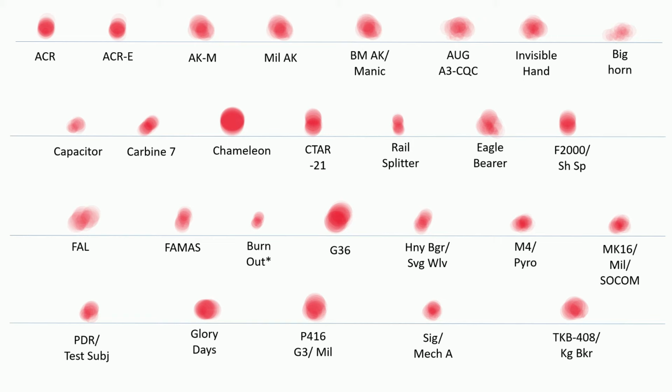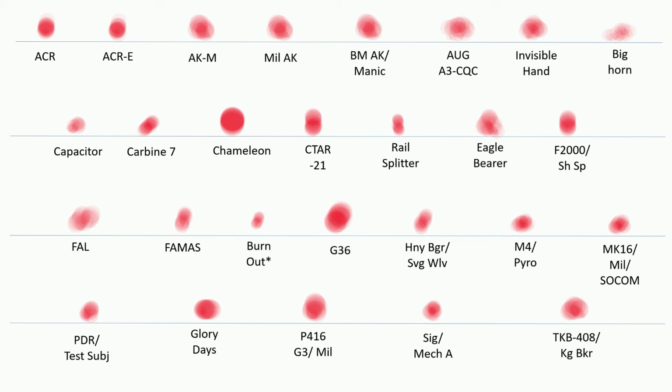The ACR and the ACRE are different, the ACRE just being better on both counts. The Honey Badger and the Savage Wolverine were basically the same. The M4 and the Pyromaniac were basically the same, and the P4G3 and the military P4 were the same. SIG and Mechanical Animal, TKB and Kingbreaker, and PDR and Test Subject were all the same.